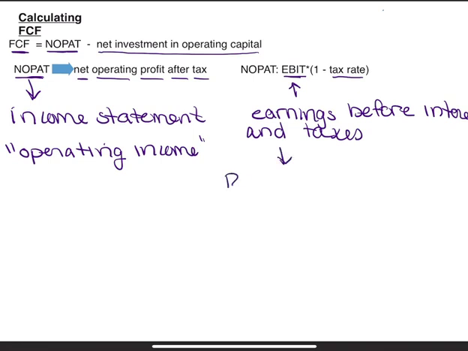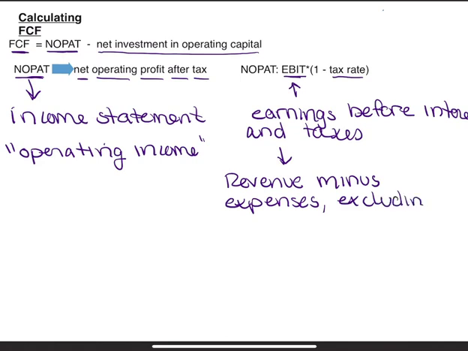That is considered revenue of the firm minus expenses, excluding tax and interest. Okay, so we take this and then multiply it by 1 minus the tax rate. And that's how we get our net operating profit after tax, which is the first part of our calculation.